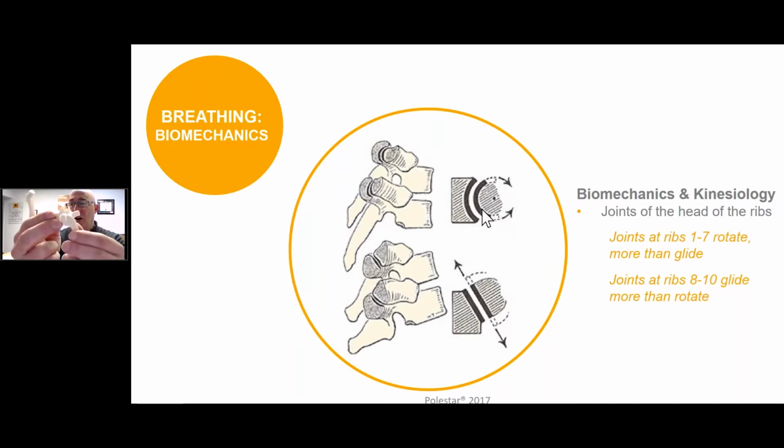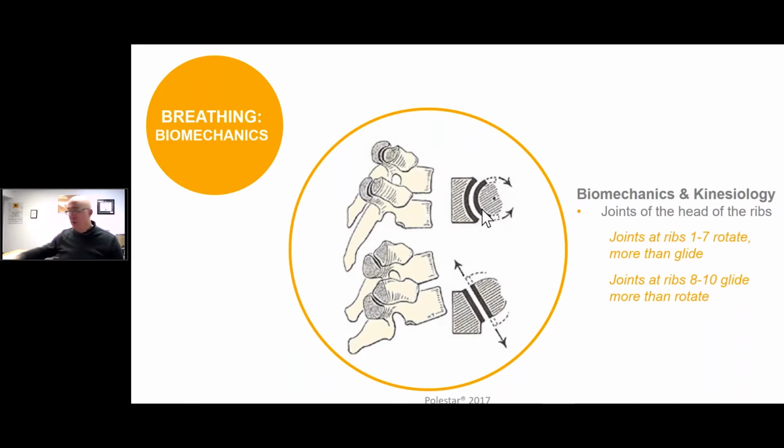So the angle of the facets are actually slanted and orientated in the coronal plane. So when we look at the relationship of a rib connecting, the head of the rib connects to the inferior portion of the vertebra above. So it's going to connect into there, and then it's going to connect into the disc in between the two vertebrae and also to the vertebra below.